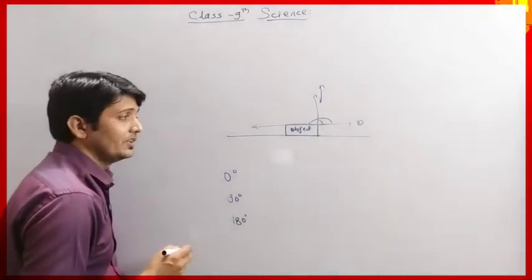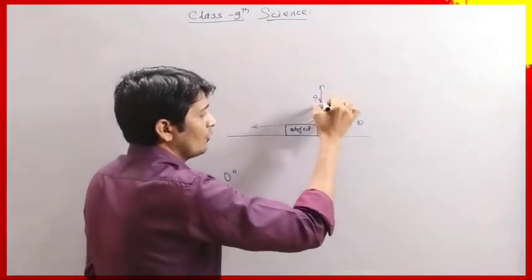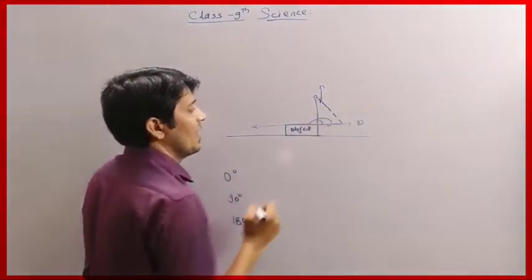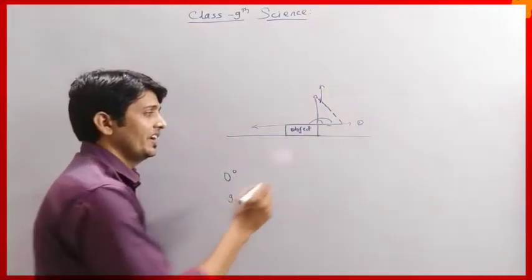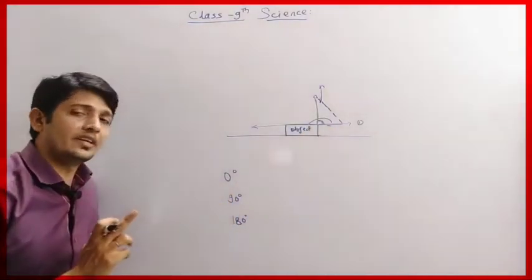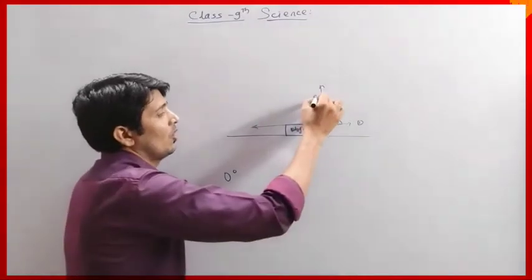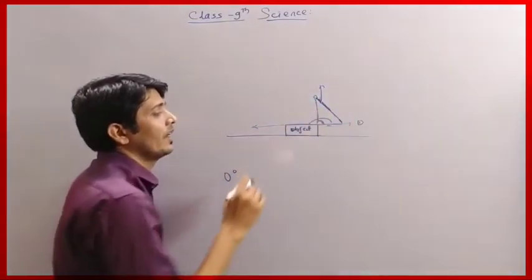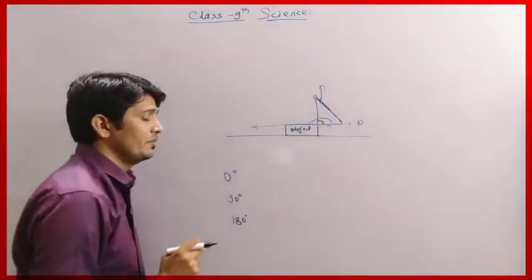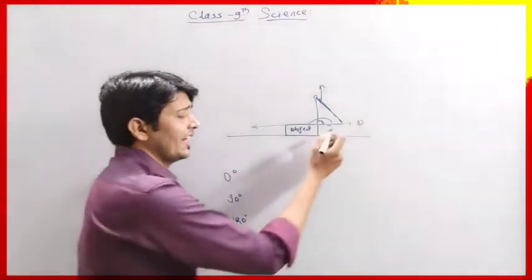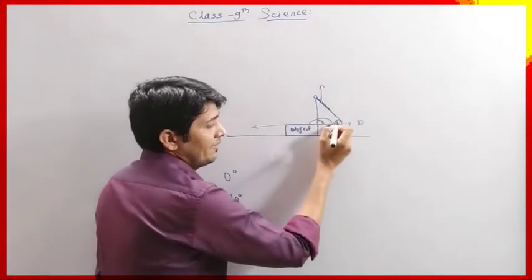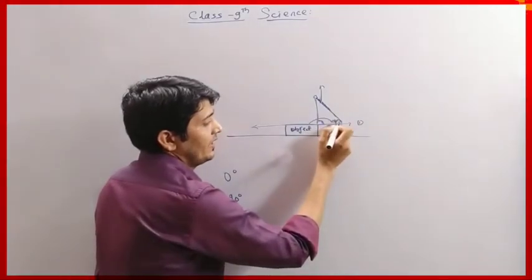If we draw a triangle from here, this is the base and this is the height. A right-angled triangle is formed. Let this angle be theta.